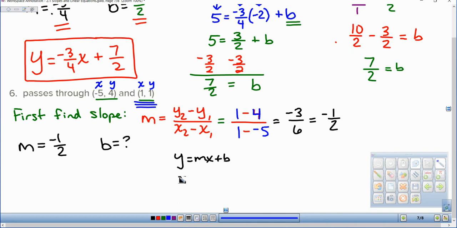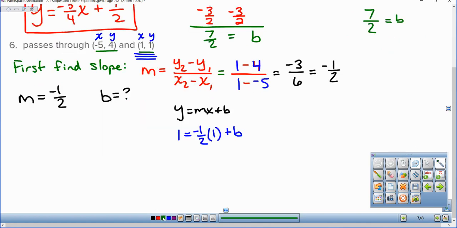So my y value is 1, my m is negative 1/2, my x is 1, and then I don't know what b is yet. So let's simplify. We're going to get 1 equals 1 times negative 1/2. Well, anything times 1 is itself. And so we have a negative 1/2.